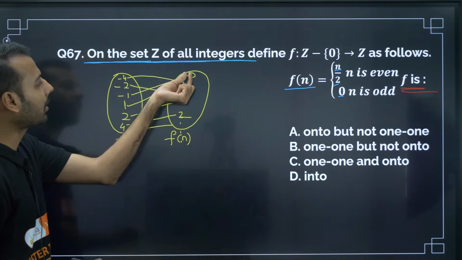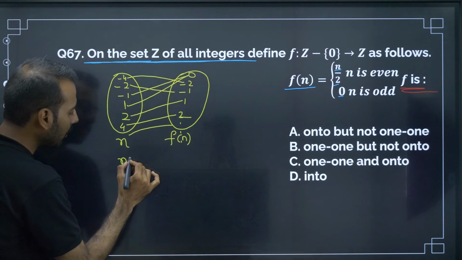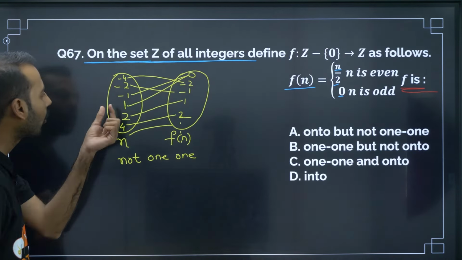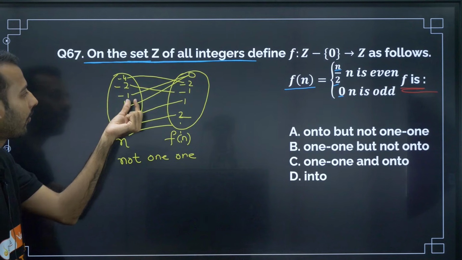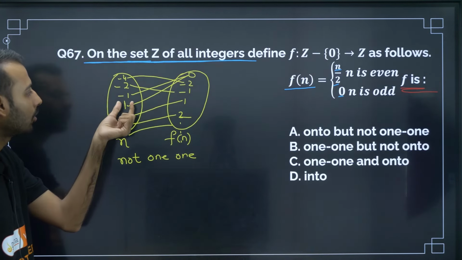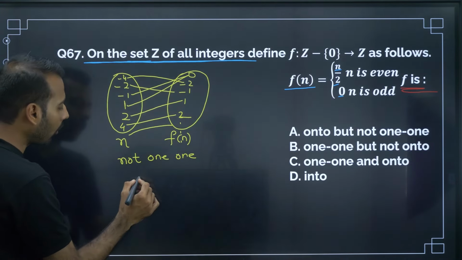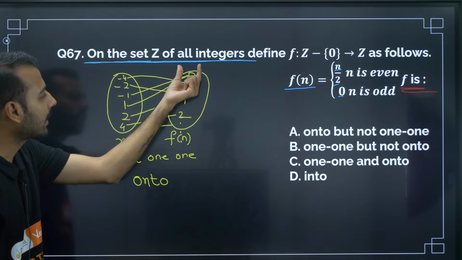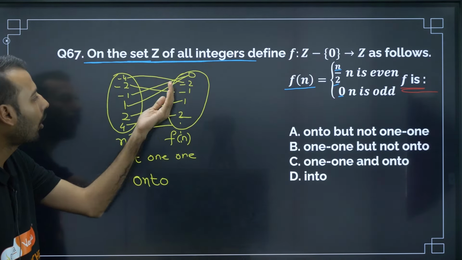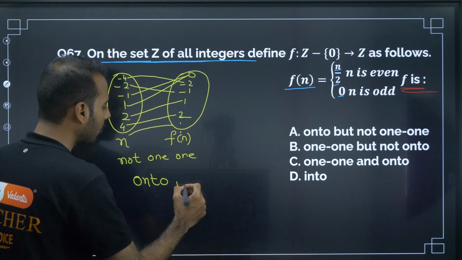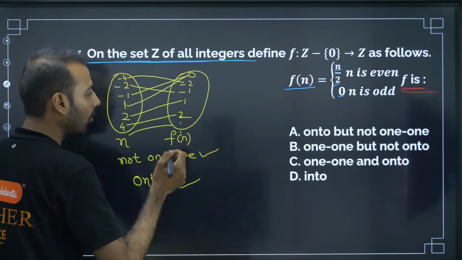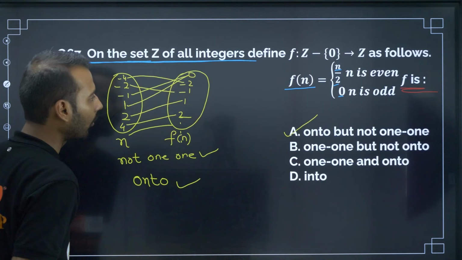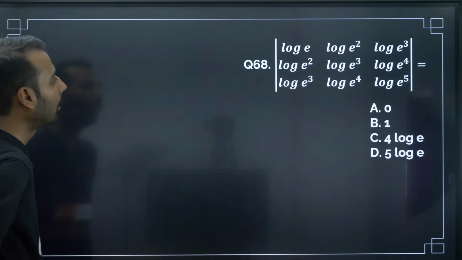Two elements are connected to one element, so this is not one-one, because f of minus 1 and f of 1 are the same, so this is many-one. Also, if I consider any element, they all have preimages, so it is onto. Onto but not one-one. Yes, A is the answer for this. Moving on to next question.